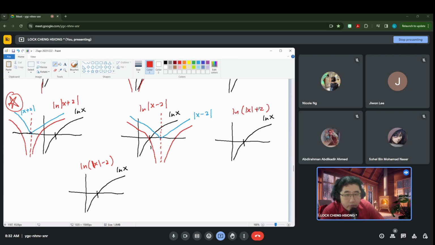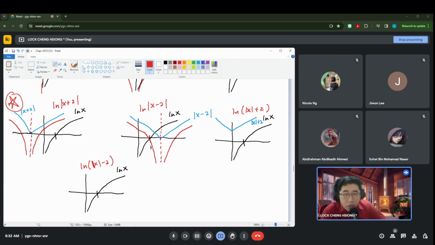What if I have ln of modulus x plus 2? Same thing, I'm going to draw the modulus x plus 2 graph first. That actually gives me this, plus 2. Then only I apply the red color, the ln of the value.